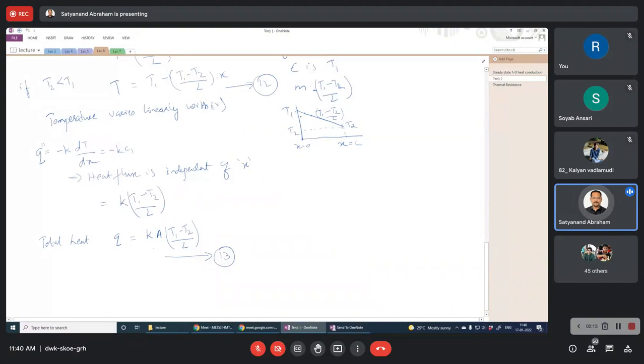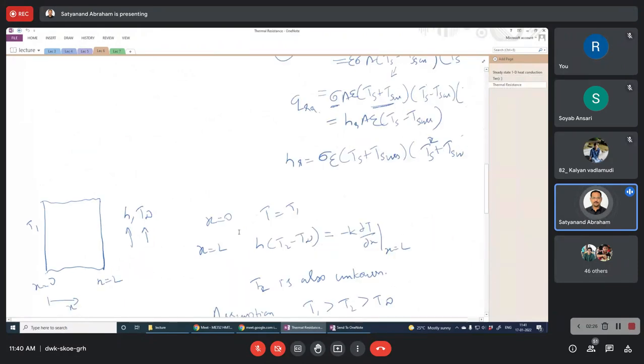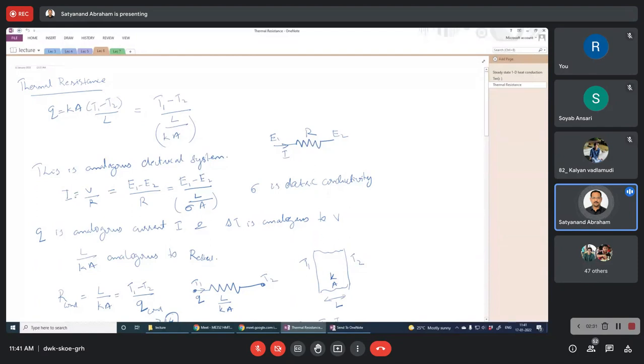Since the temperature variation is linear, we can write dT by dx as T1 minus T2 by L. We said this is analogous to the electrical system, in which I is equal to V by R. For 1D heat conduction without heat generation, we write T1 minus T2 divided by L by KA.